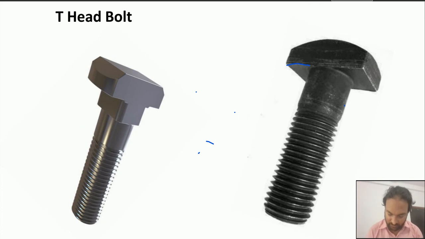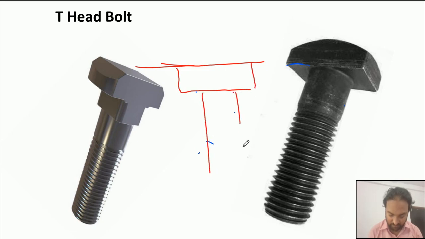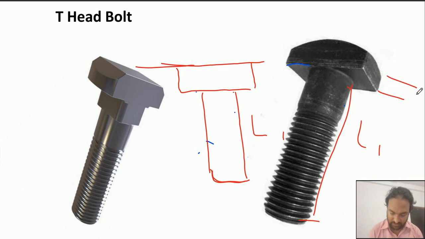Suppose we are going to show it in front view. If this is the top surface of the part, we will cut that much rectangular section in front view, and then there will be a circular hole here, so from here to here say L1, and from this to this say L2.